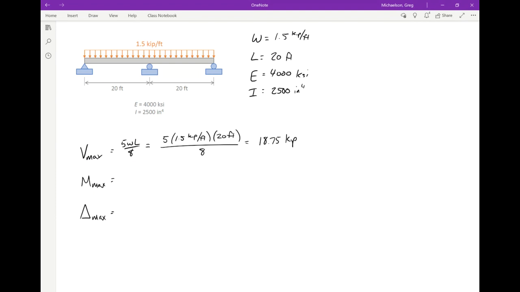That's exactly right. Now, somebody else in chat, I want to make sure everybody's clear on this. Where does the 18.75 kips occur along the span? Is that right here? Is that right here? Where is that?